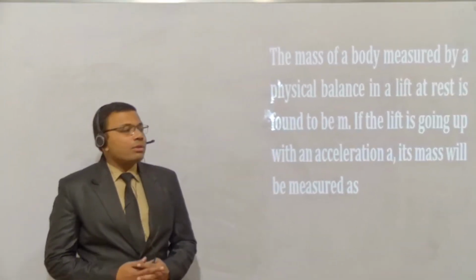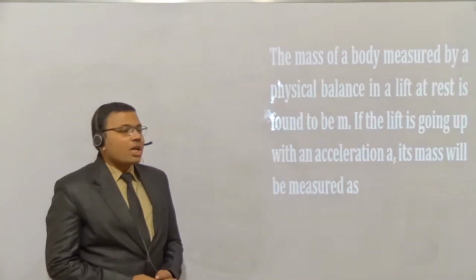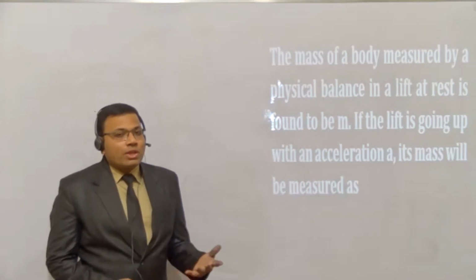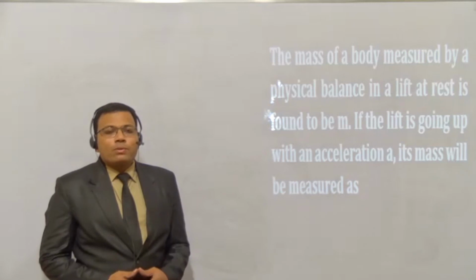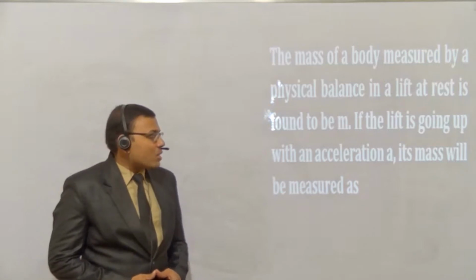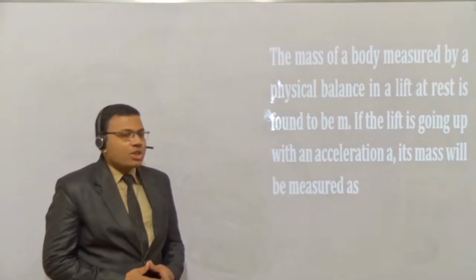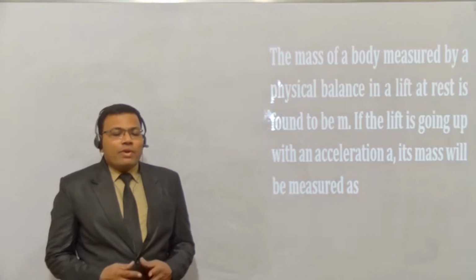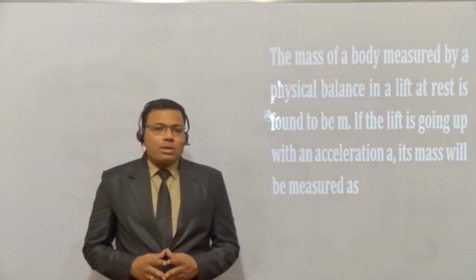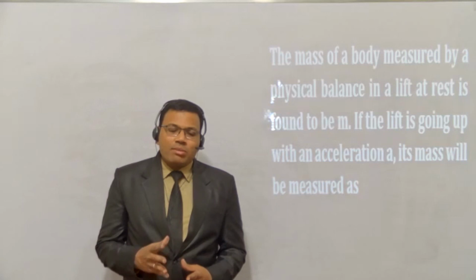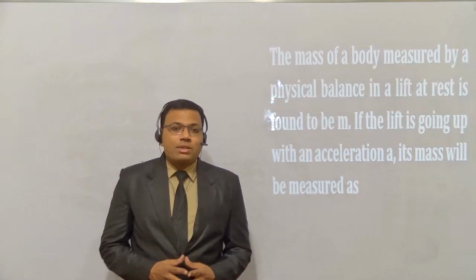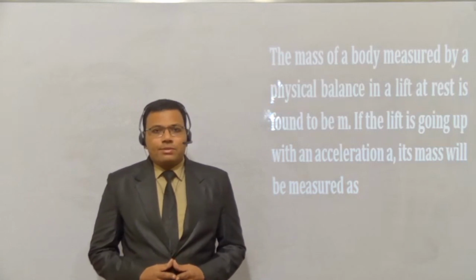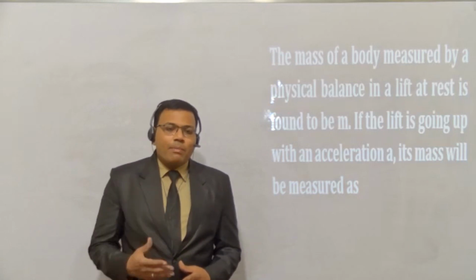Now the question asked is what the mass would be measured as. No doubt the lift may move upward or downward with some acceleration, and its weight changes; that is, the apparent weight changes. When it is moving upward, apparent weight increases.